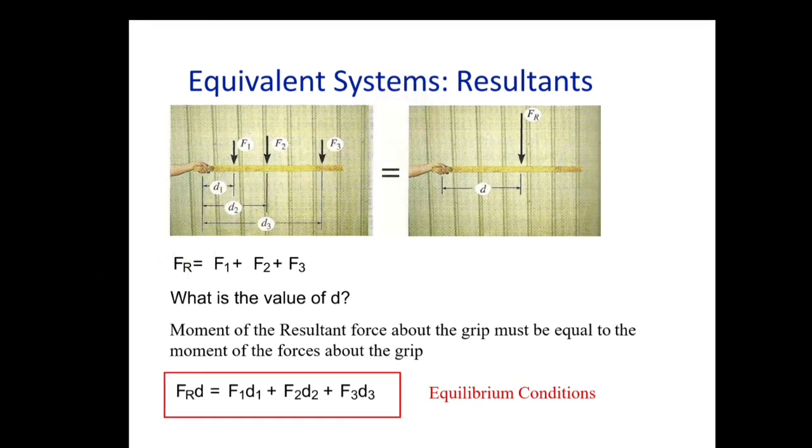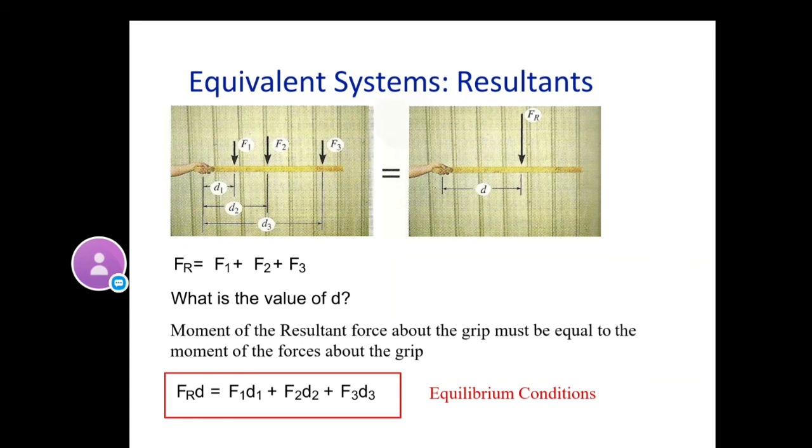How to find it? Let's apply Varignon's theorem. What does it say? The moment of a resultant about a point will be equal to the moment of the individual forces or individual force components about the same point. If we apply this theorem to take moment about the point over which we have provided the grip, the resultant will give a moment of Fr into D, and that should be equal to F1 into D1 plus F2 into D2 plus F3 into D3.